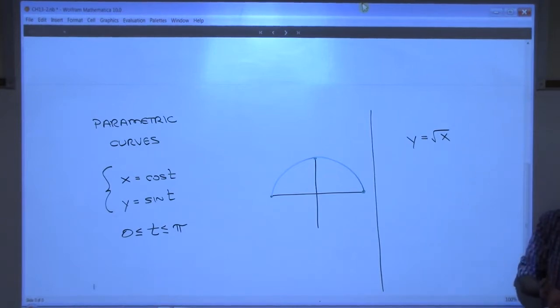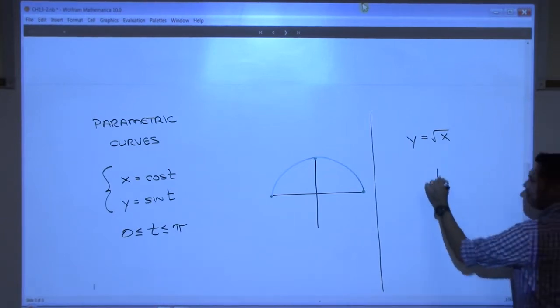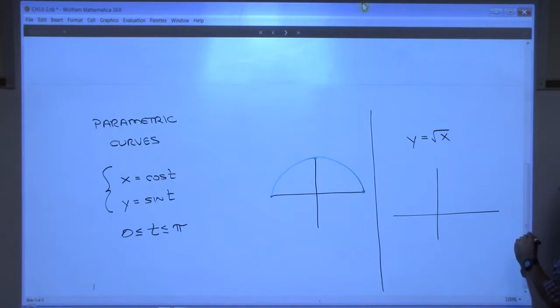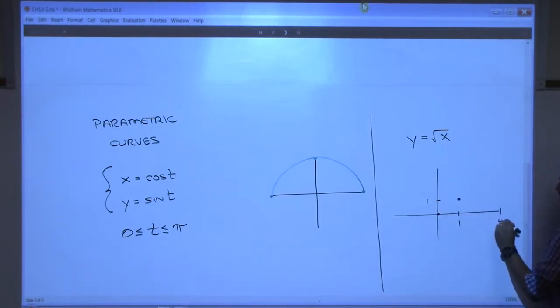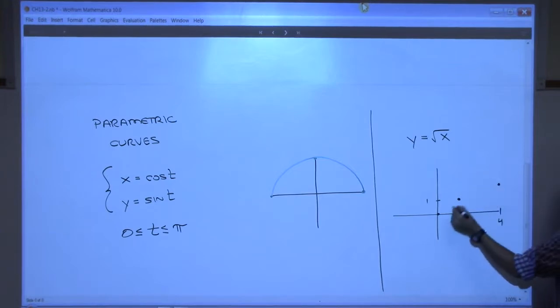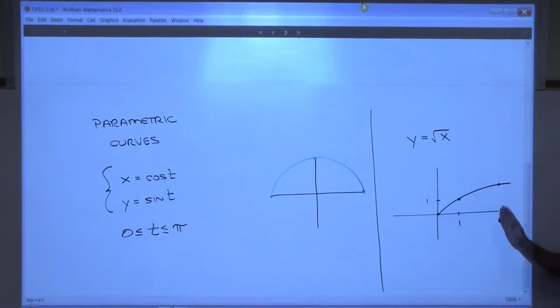There's no parameter here. You have to give somebody x in order for them to determine y, right? Here, I have to give you x is 4 to get y is 2, right? And you put those together and you draw it, and in this case you'd say this is a function of x.